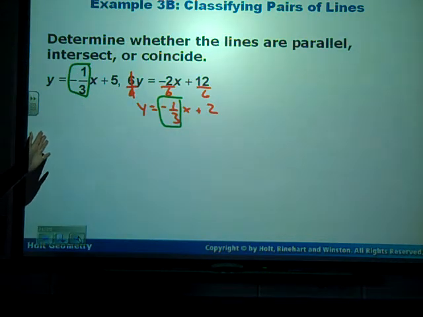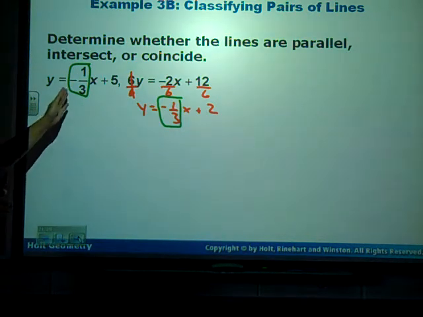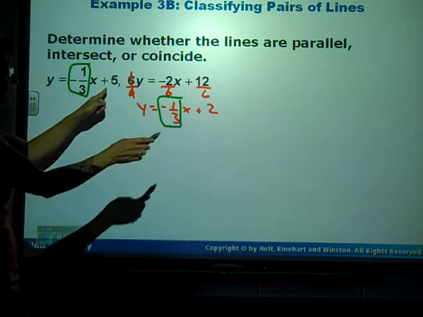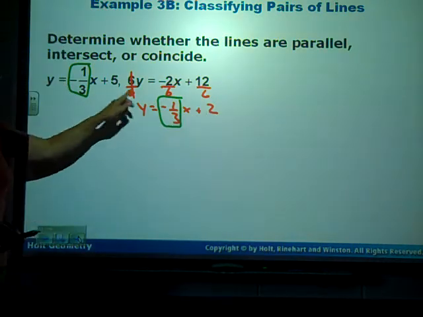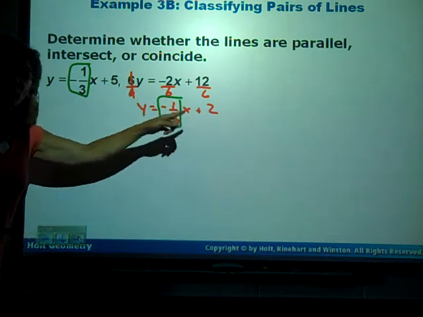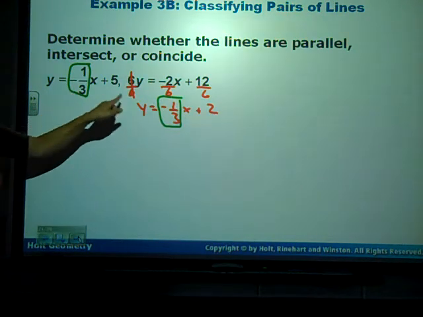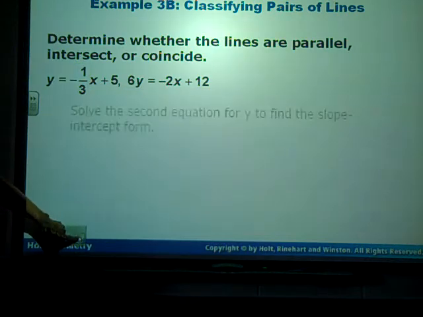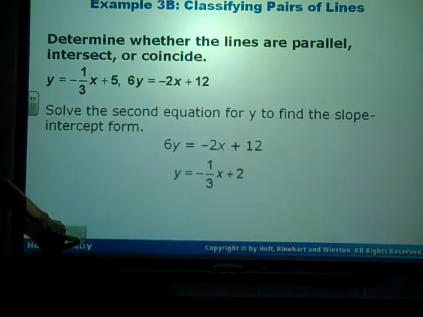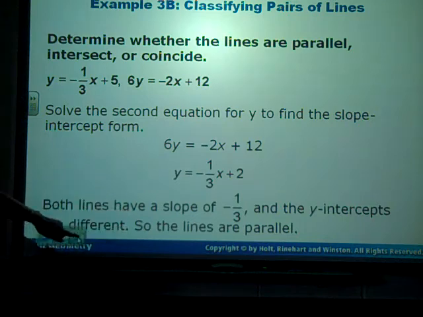If they have the same slope, they're parallel if the y-intercept's different. If these were the same, if they were both 5 or both 2 or both anything the same, they would be coinciding. But same slope, different intercept, we're going to call them parallel lines. Lines are parallel.